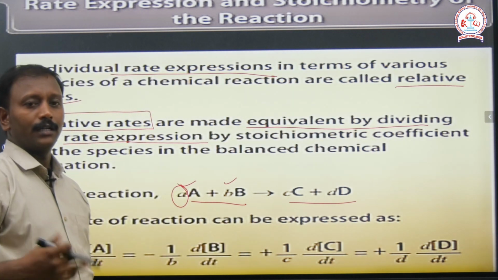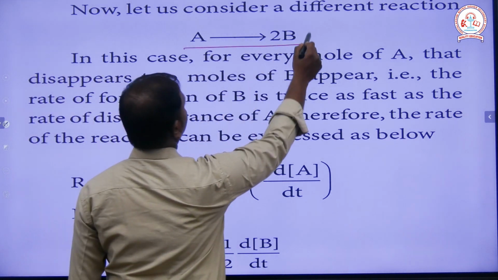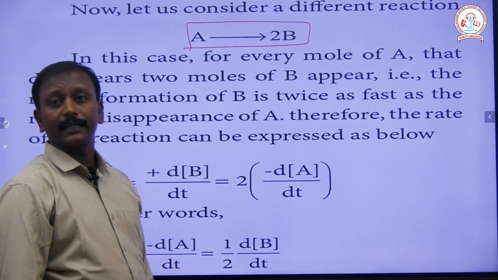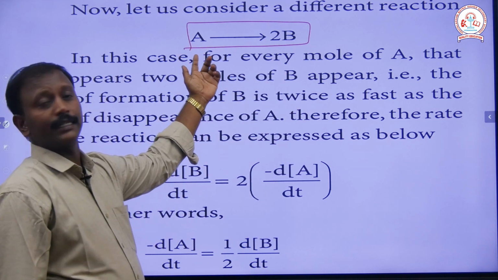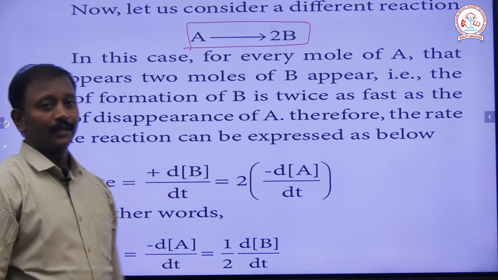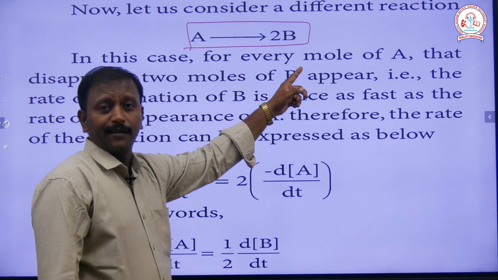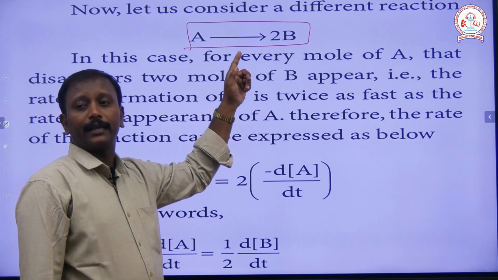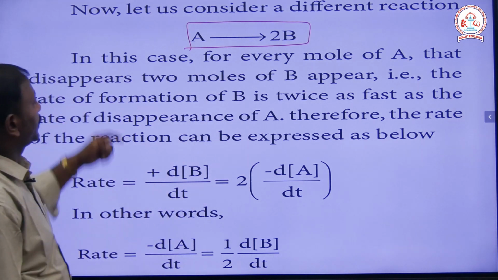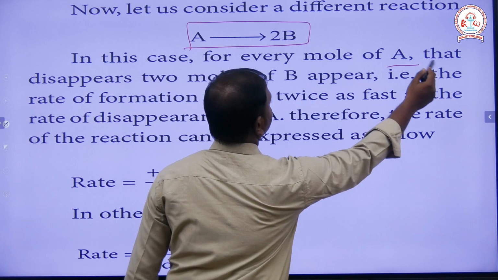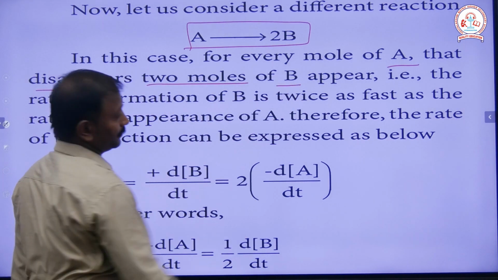Take this chemical reaction, where A is the reactant and B is the product. Here 1 mole of reactant A gives 2 moles of product. So for every mole of A that disappears, 2 moles of B appear.